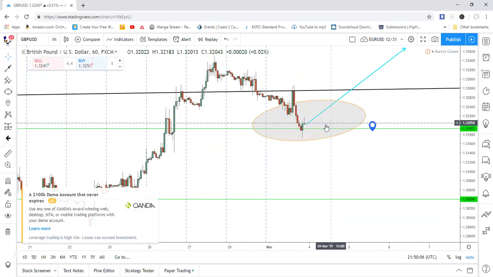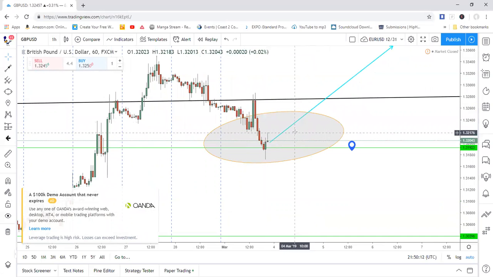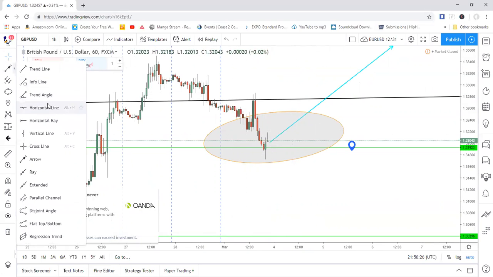But when you take a look at the last trade that it actually did, the last candle that actually closed, it closed right underneath this area, and I'm just gonna put a little horizontal line.